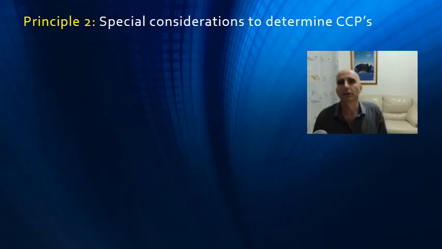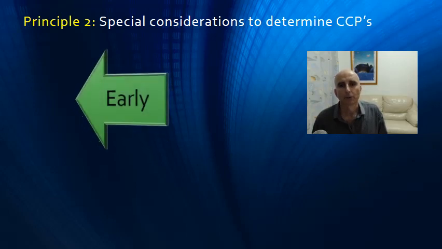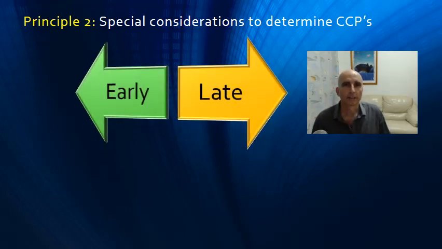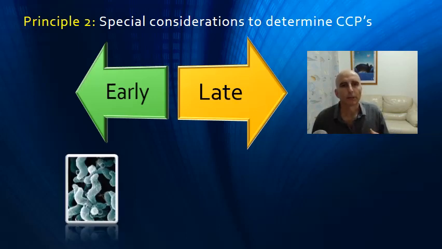Some things to consider when determining critical control points: are they going to be early or late in that particular process step? I'm going to give you an example. We have an allergen or a food poisoning bug that, if it's caught early in that process, the control will be successful, but if it's caught later, it won't work.